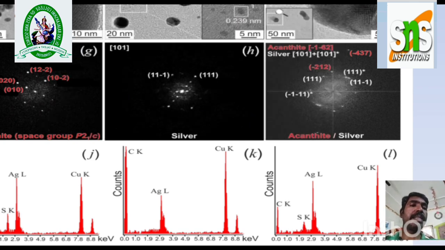So EDAX images will give the interpretation of molecules. Okay, right? So compositional analysis. Compositional analysis means what molecules are present in the substrate. Okay, so this is what we're going to get from the EDAX analysis.